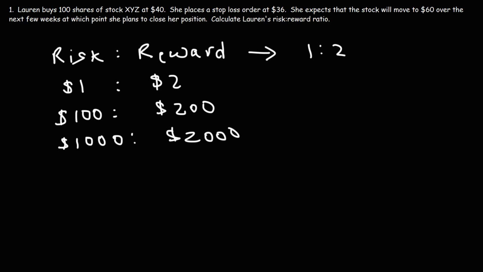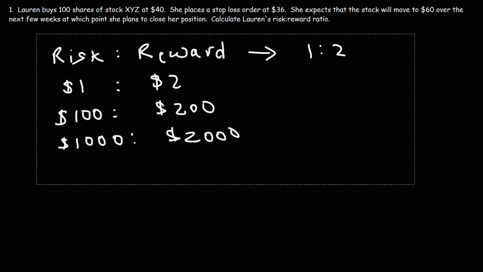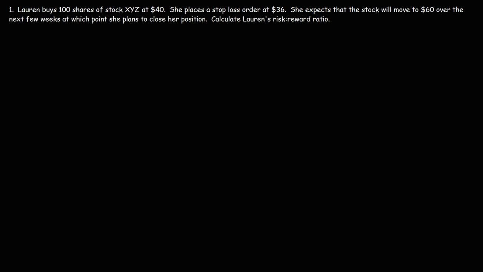So let's calculate the risk-reward in this particular problem. Right now she's buying 100 shares at $4,000, so her account balance will decrease by $4,000. Now she has a stop loss order at $36.